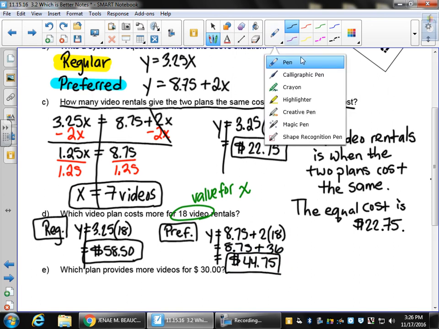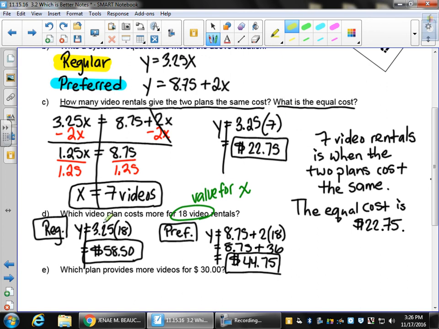Which one is better? Which video plan? Oh, that's not what it asked. Oops, back up. Which video plan costs more for 18 videos? Regular costs more.